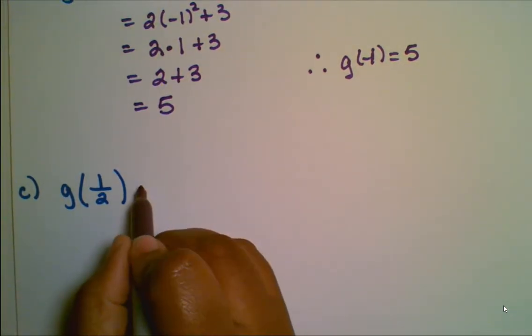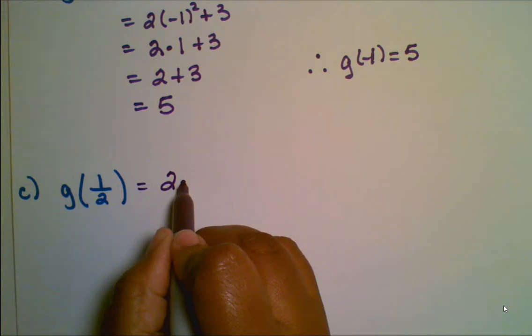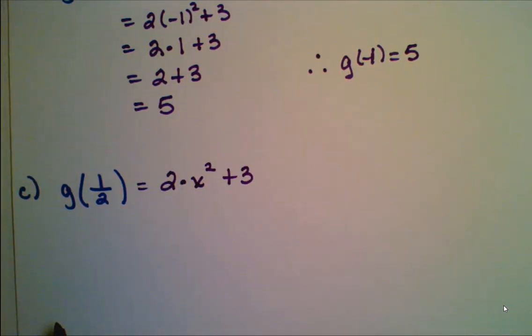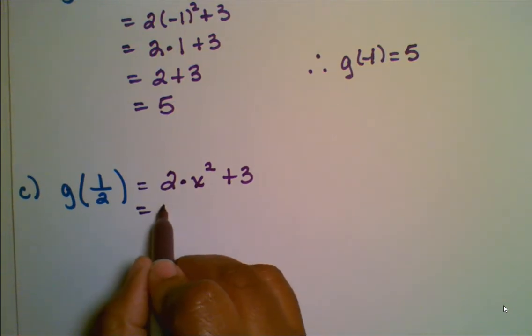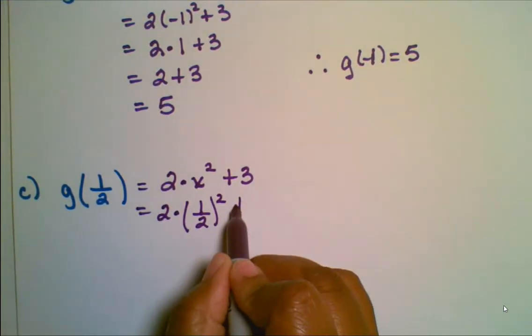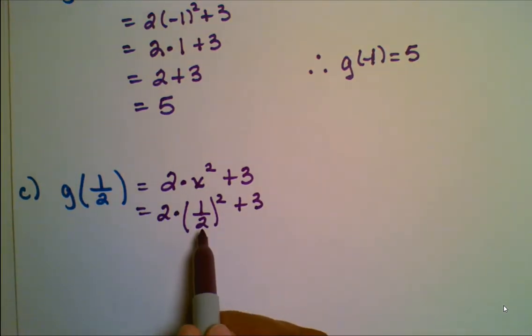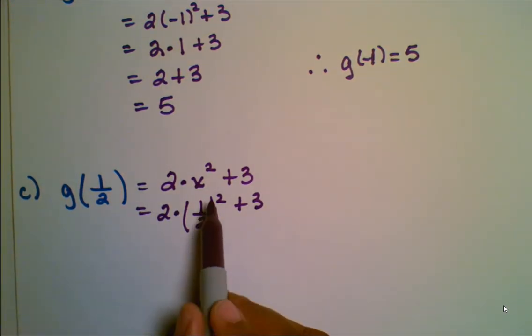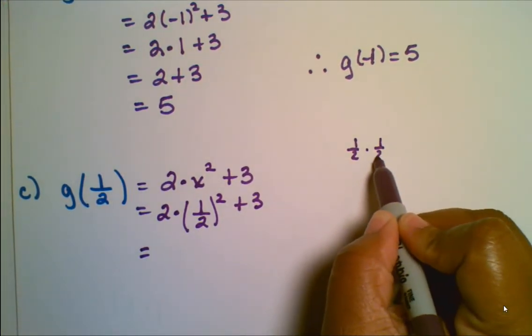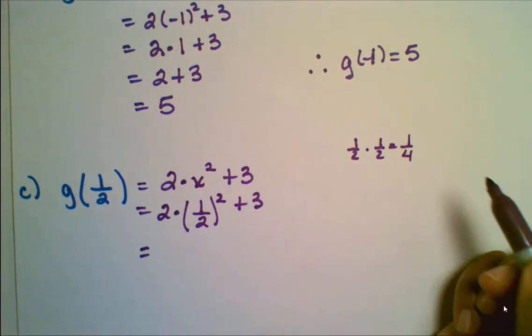Letter C. We're going to substitute 1/2 in for x. So we have here 2 times the quantity of 1/2 squared plus 3. We're going to square 1/2, which means we multiply 1/2 times 1/2. So you're going to get 1/4.